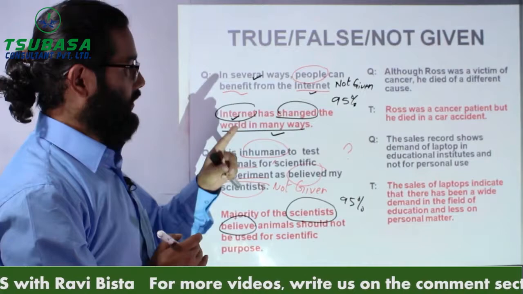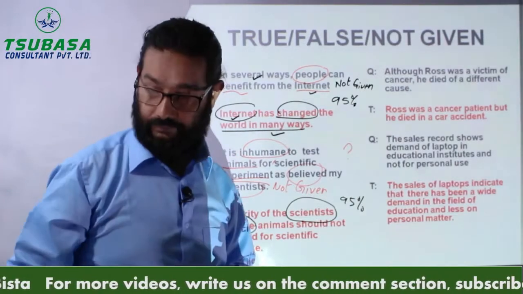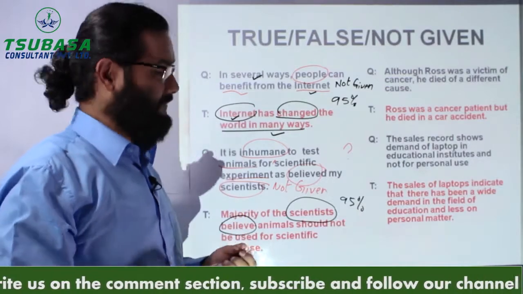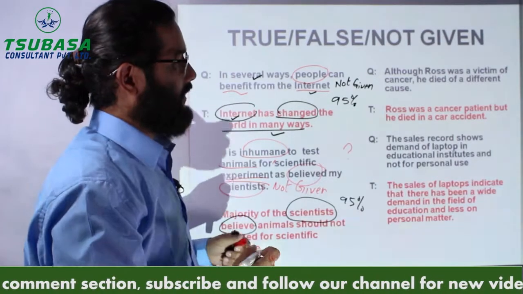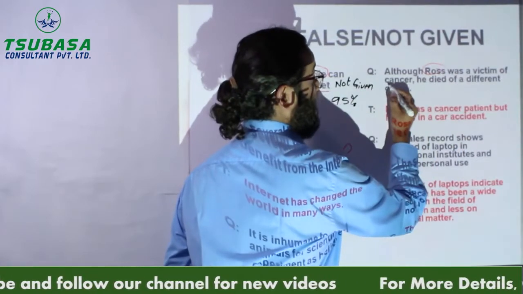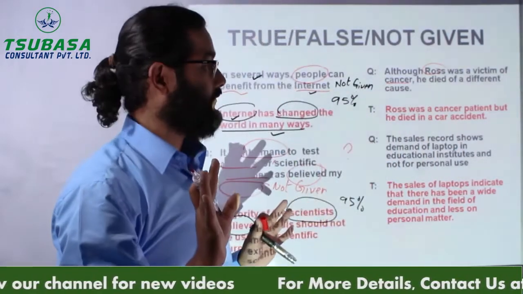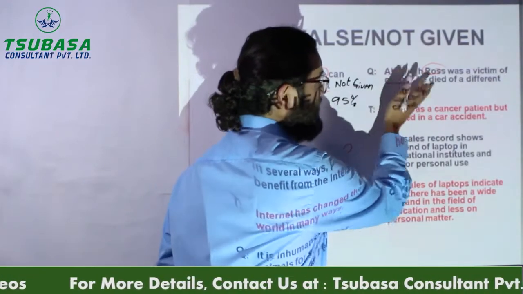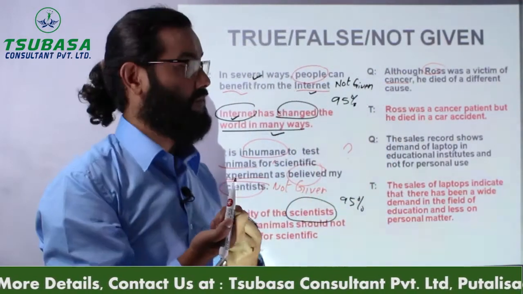Okay. Now let's go with another one. Although Ross was a victim of cancer, it talks about Ross being a cancer patient. He died of a different cause. So what is the meaning of the sentence?